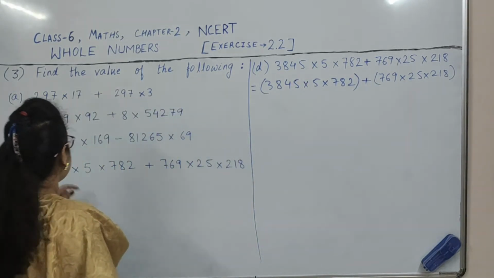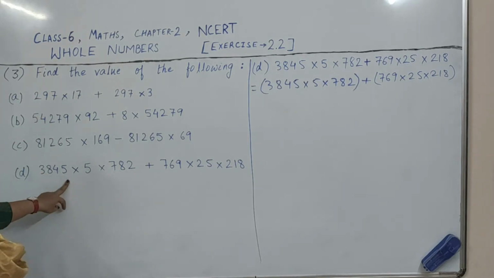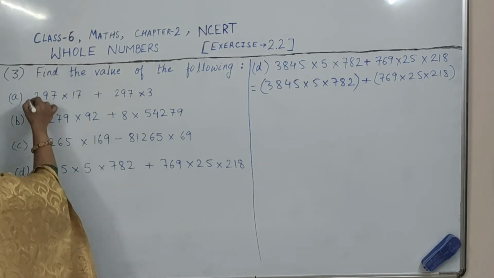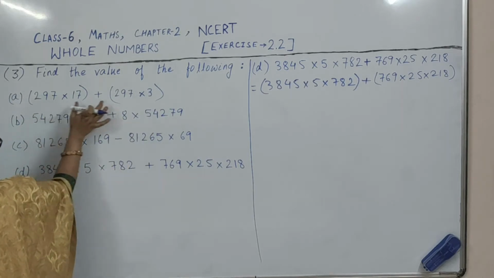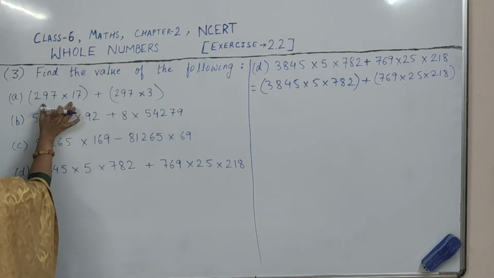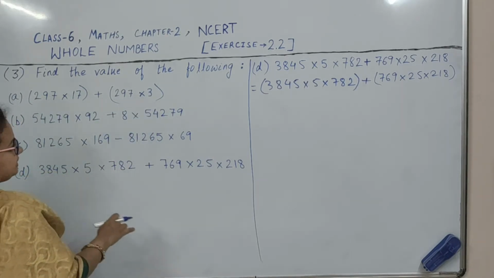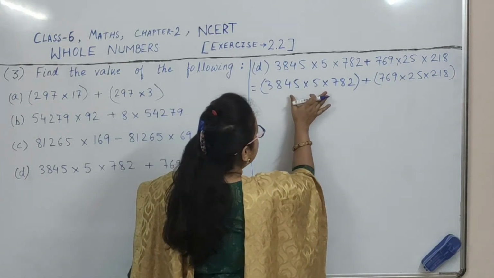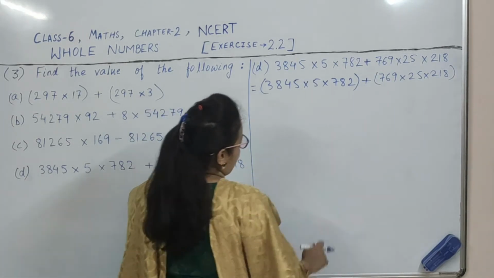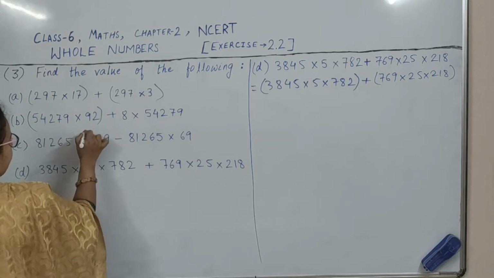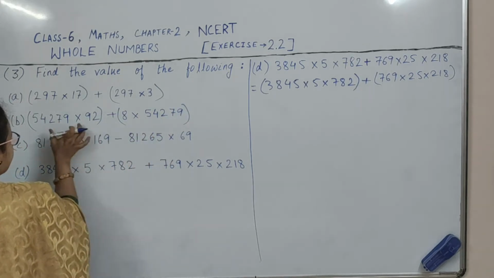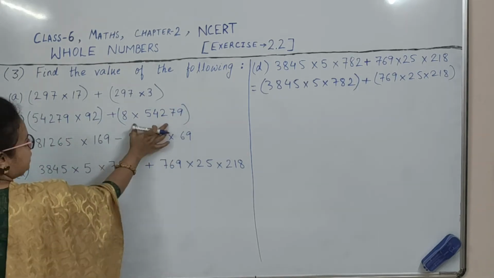Okay, so what is the difference between these three questions and this question? See, in these questions we have two terms, but both the terms have only two numbers. But see, this one, the first term has three numbers and the second term also has three numbers. In the second question also we have two terms and each term has two numbers.